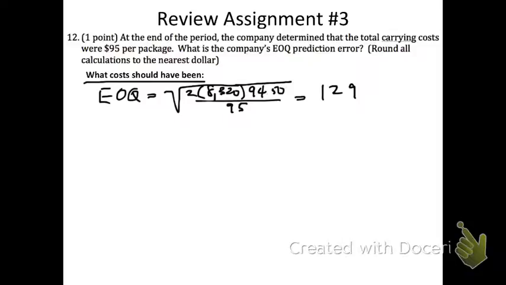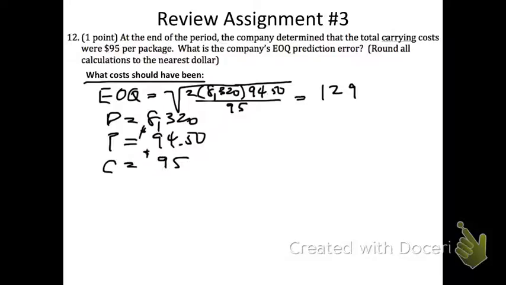So again, based on what cost should have been, we had an economic order quantity of 129. Demand is still the 8,320. Ordering costs is the 94.50. And our carrying cost is the 95. So let's determine what our ordering and our carrying costs are given these parameters.